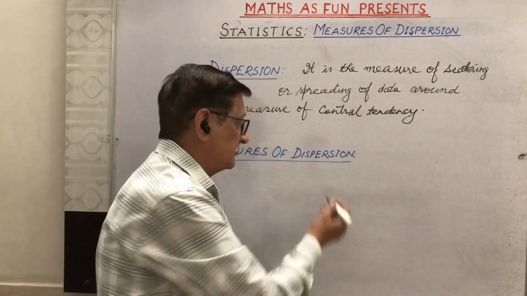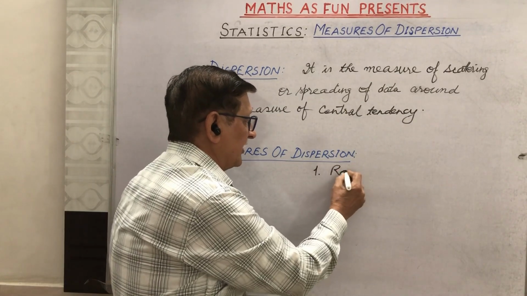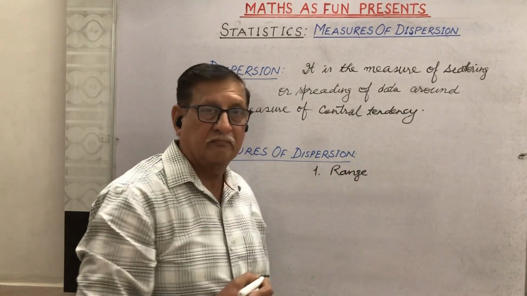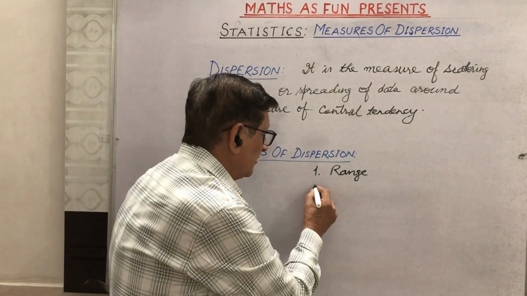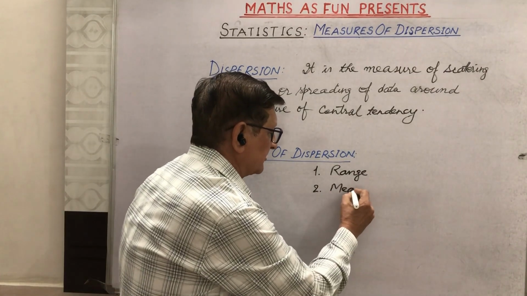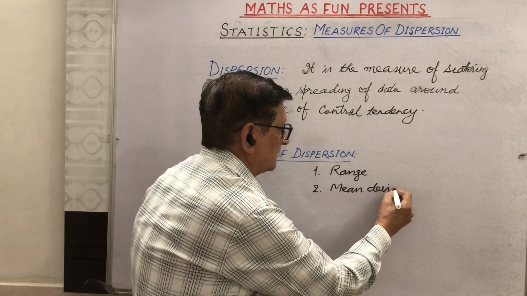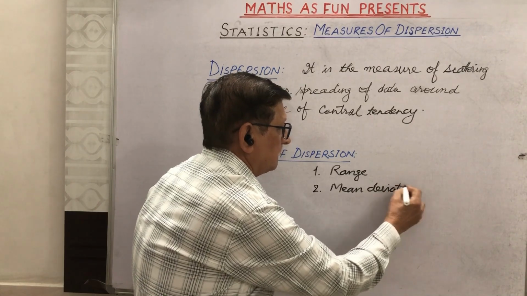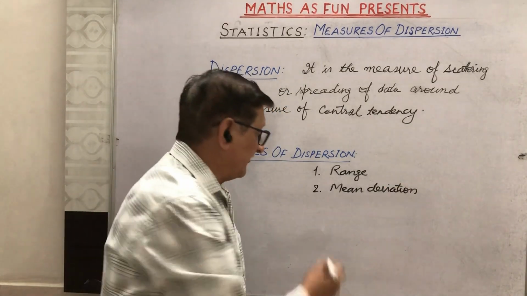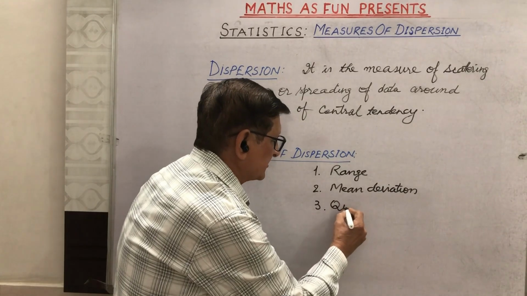The measures of dispersion are, number 1, we have range. Number 2, we have mean deviation. Then we have quartile deviation.